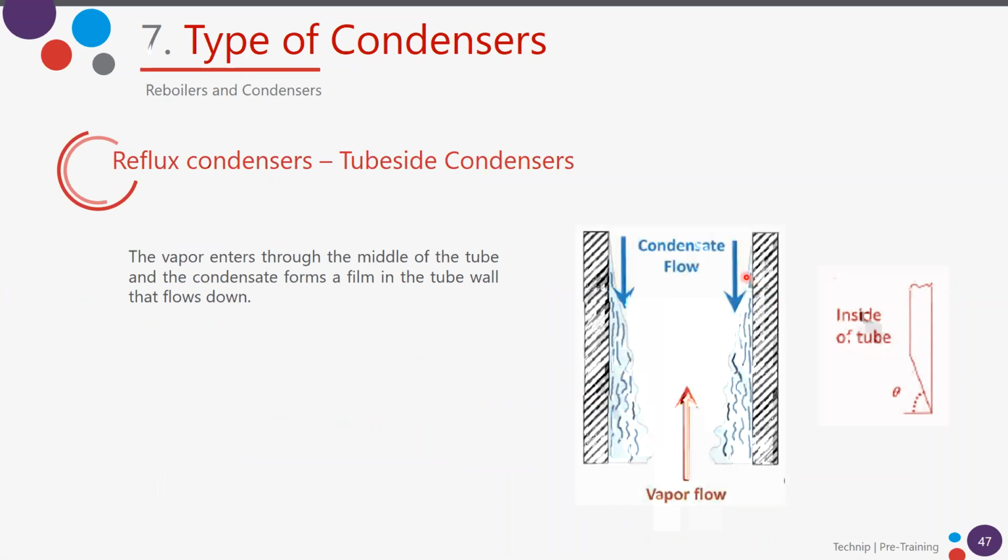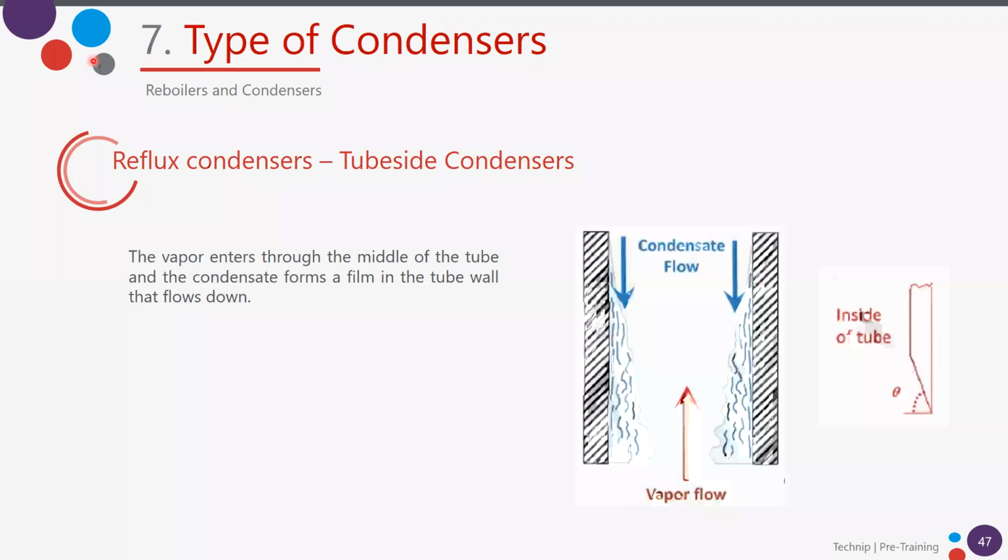So as you can see in this image, the vapor enters through the middle of the tube and condensate forms a film on the tube wall that flows down.